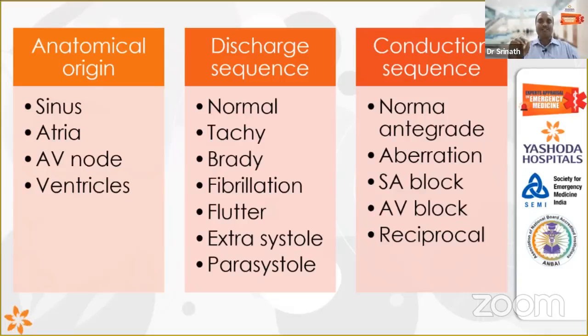Whenever the rate is high, that means 90 or more, that is tachycardia. The discharge sequence is pumping more. That gives you tachycardia. When the heart rate is less than 60 or less than 50, then it is bradycardia.